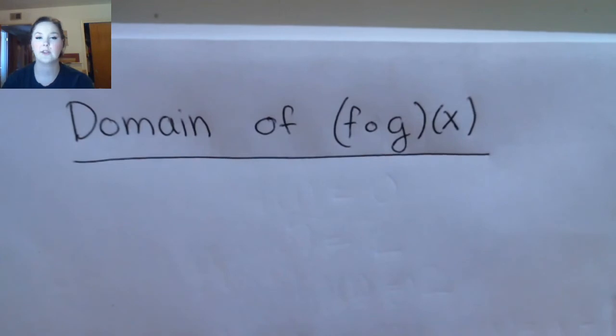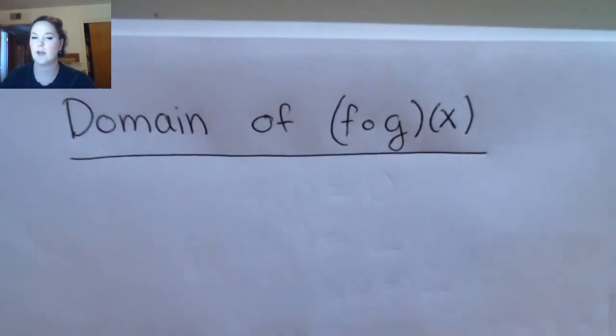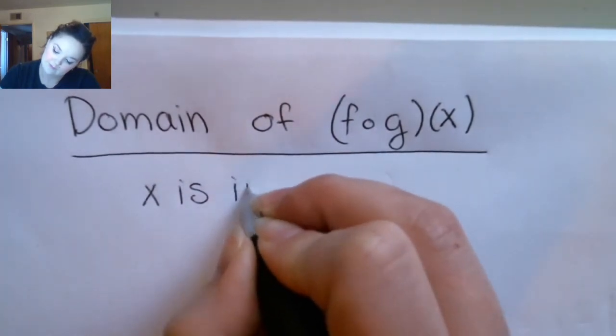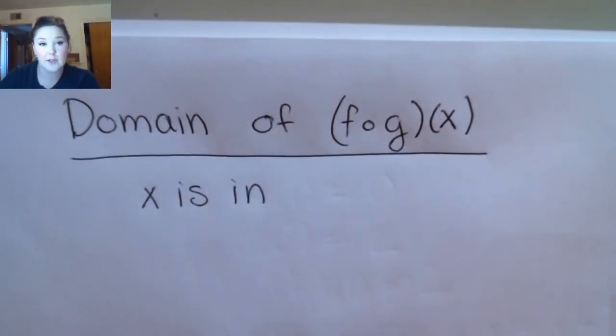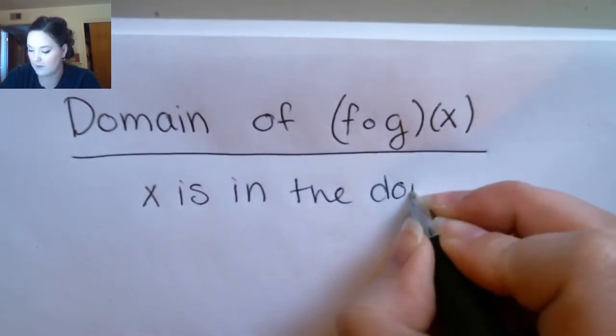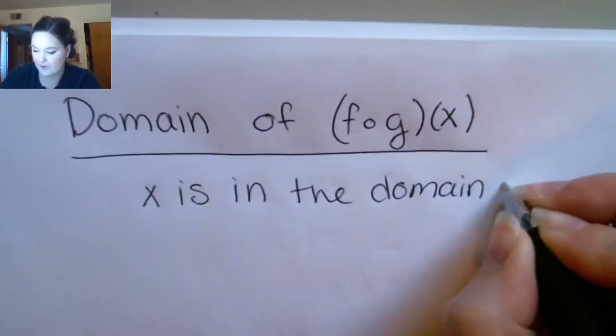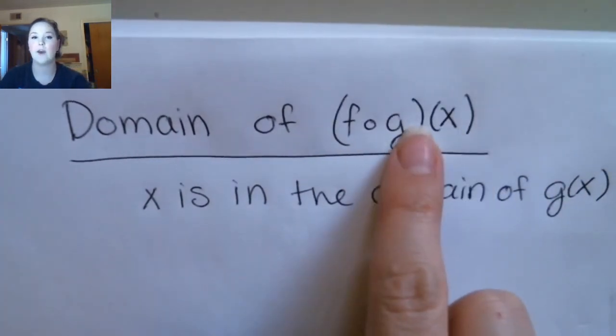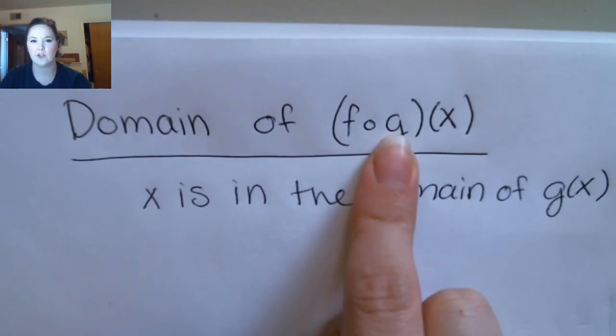The first thing that would happen is you would plug in that x value to G. That means we have to be able to plug in the value into G. So x is in the domain of G of x, meaning we're allowed to do that first step and plug that value into G.